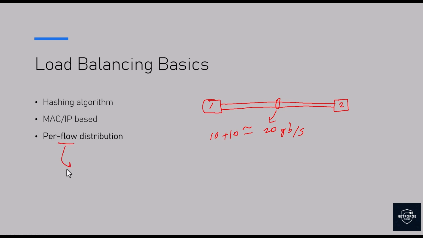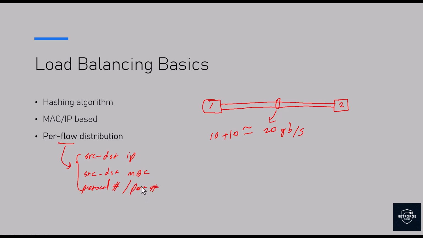A flow is a number of packets. You know packets? A packet is the data unit in layer 3. A frame is the data unit in layer 2, remember? And a segment is the data unit in layer 4. So a packet has a source and destination IP address, a source and destination MAC address, and a protocol number or a port number.